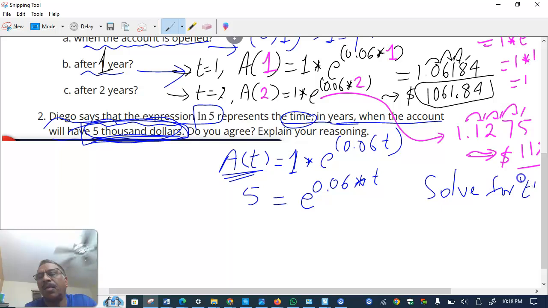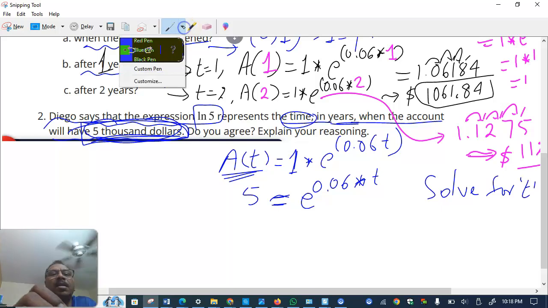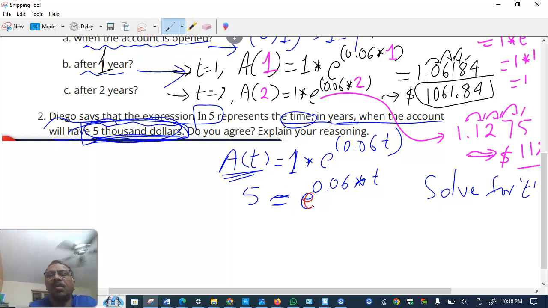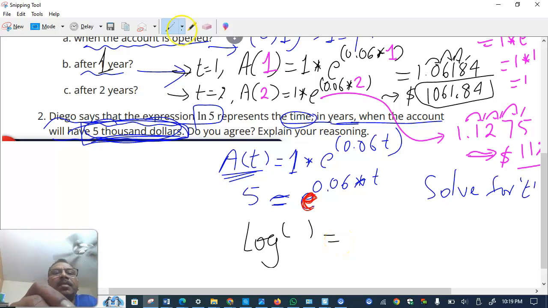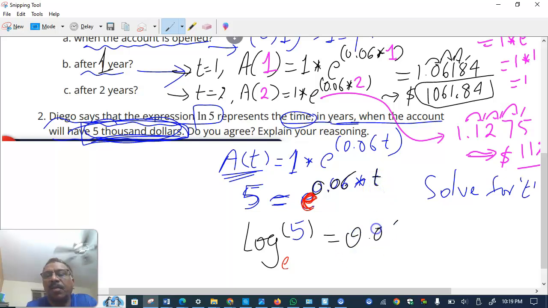So how do I solve this for t? By using a logarithm. The base right here is e, so when I use the logarithm, this will go as the base. So this will become log with base e of 5, which equals 0.06t.